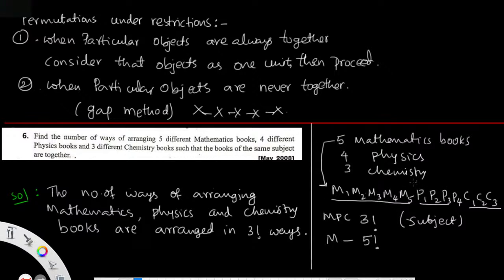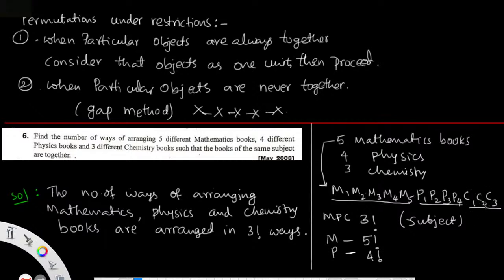Physics books, P1, P2, P3, P4, can also be arranged among themselves, and since there are four physics books, that is 4 factorial.